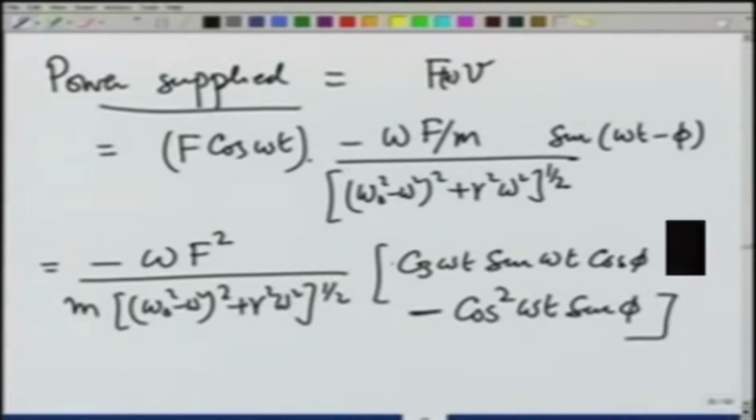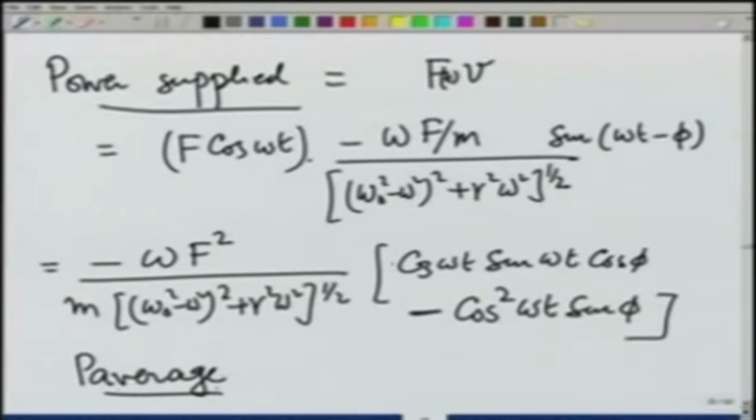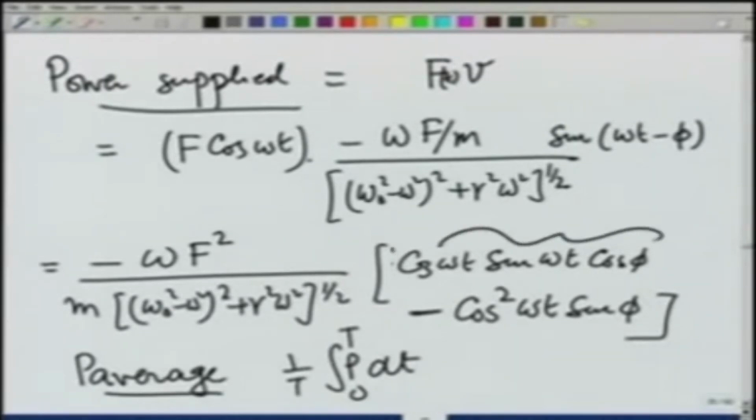So, power being supplied is fluctuating, and when I calculate average power, that means I integrate it with time t and divide by t. This term is sine 2 omega t and it is going to give me 0.